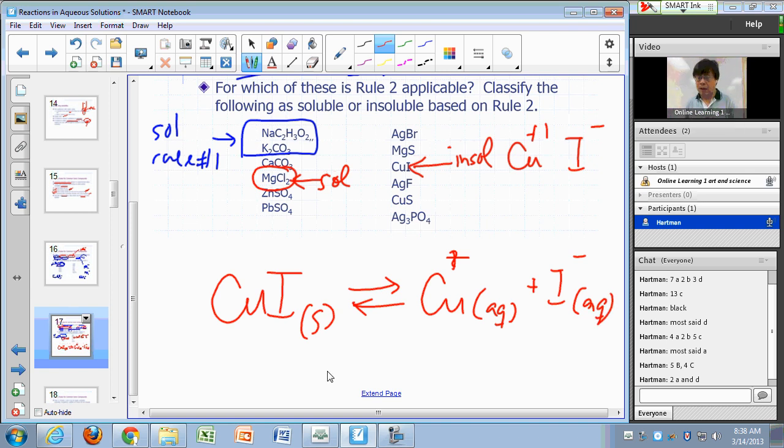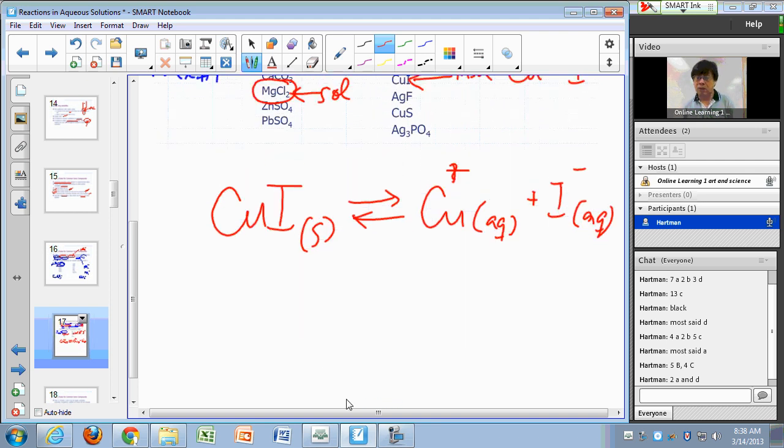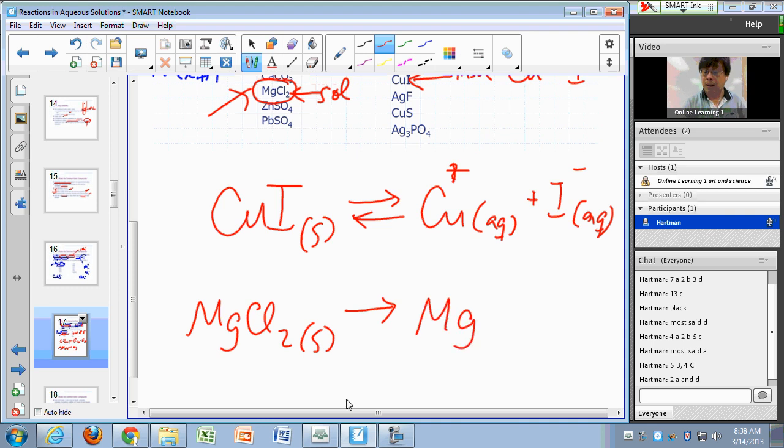But if I were to ask you to write the equation for the dissolution of magnesium chloride, this one right here, then you say MgCl2 solid. If you put it in water, I'm just going to draw one arrow to indicate that it's soluble. So Mg plus 2 aqueous plus 2 chloride ions aqueous. Okay? So that's how you would write that.